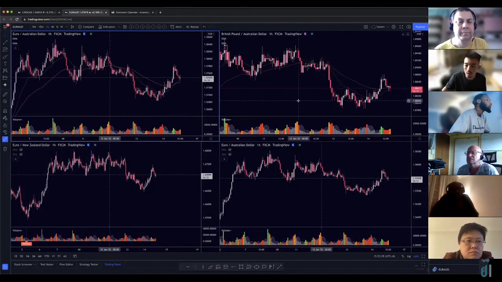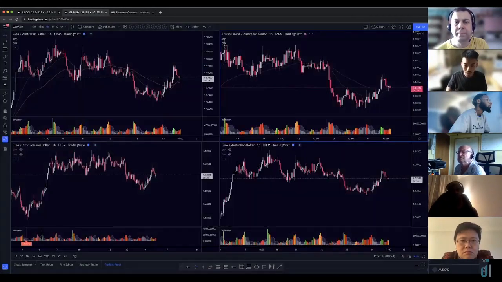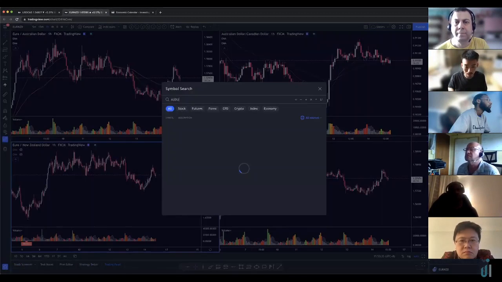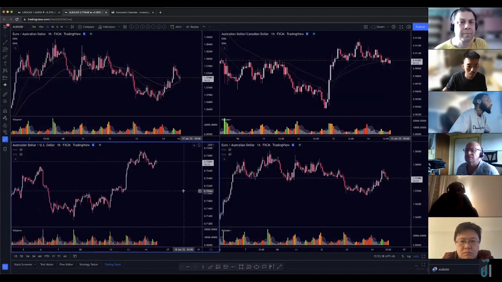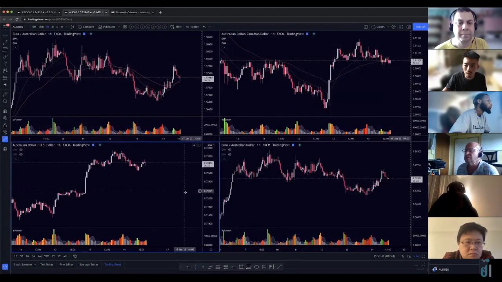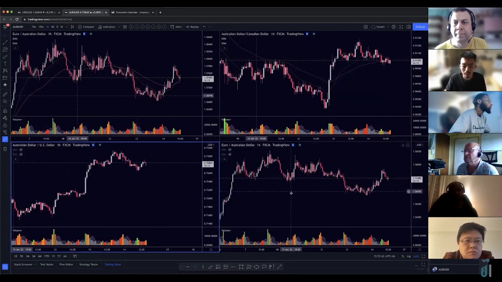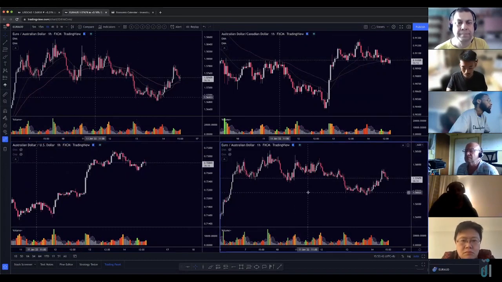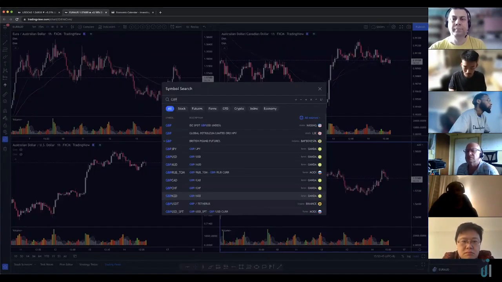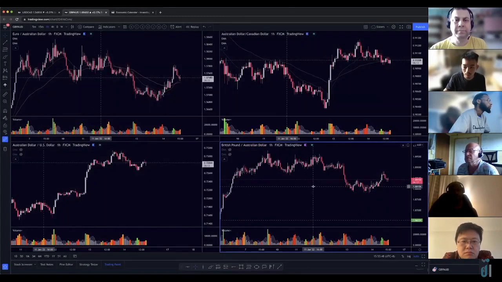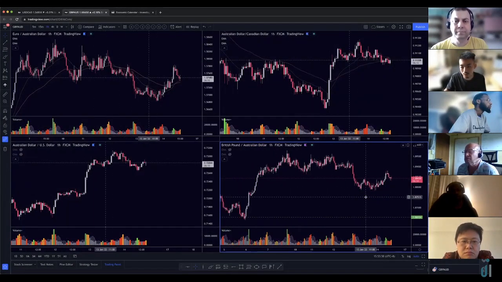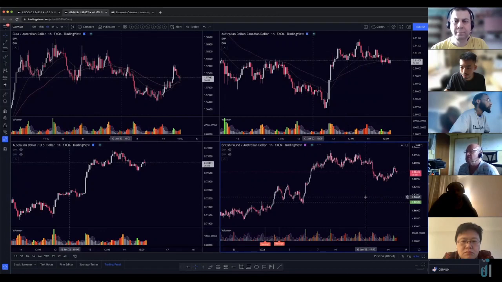And then what other Aussie pairs we have? Aussie CAD and Aussie USD. Then on this last pair, I'll just check if there's any other similar pairs. Say, for example, Pound Aussie, which looks a little bit similar.